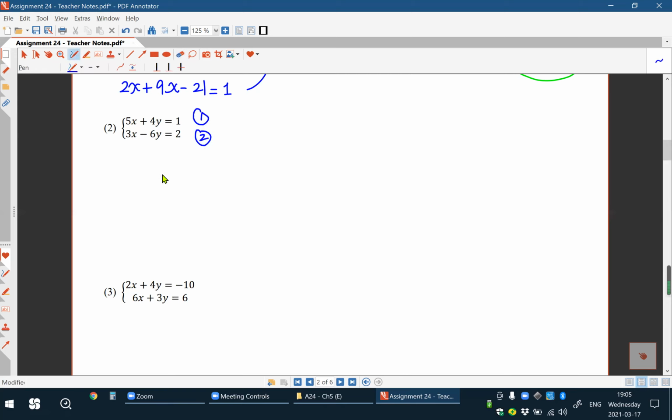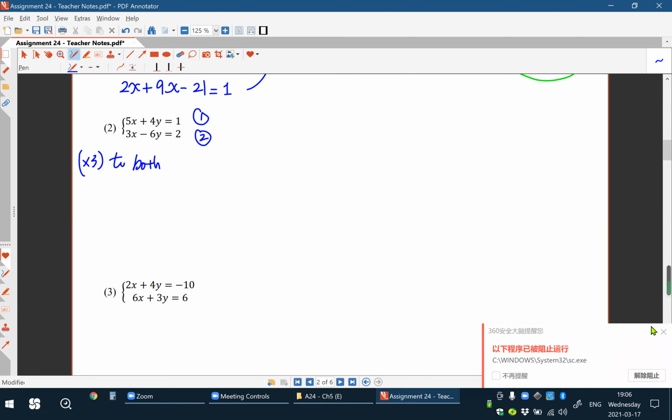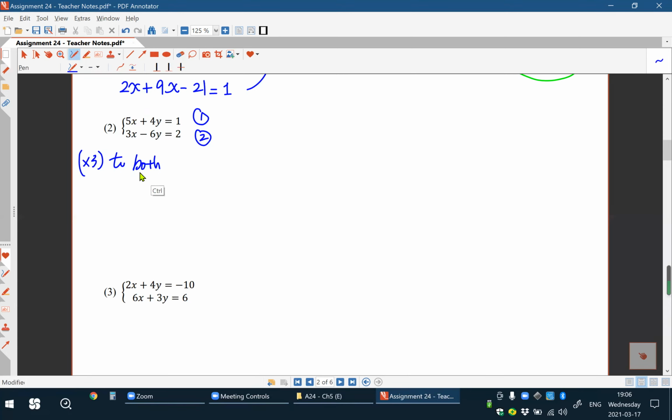Okay, how do we eliminate x or y? Note that we can eliminate y. Y seems easier, right? So let's find the least common multiple of 4 and 6. Of course, that's 12, right? So we need to times 3 to both sides of equation 1.